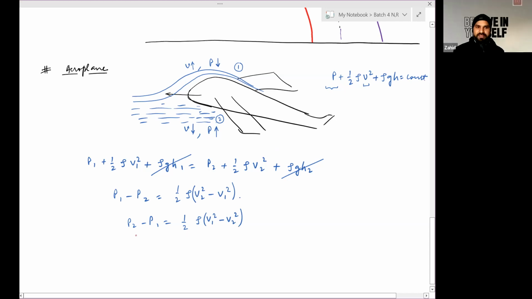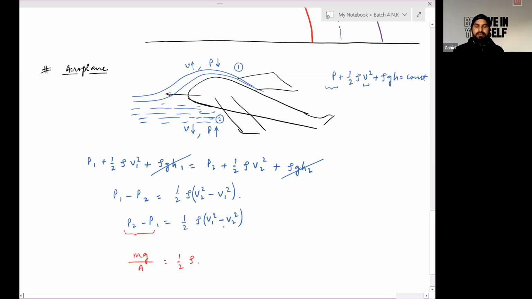Now, this pressure difference between these two ends will be capable of uplifting the entire mass of the plane and passengers. So pressure equals force divided by area of cross section, and force will be due to the mass of the entire system. So it will be mg divided by area of cross section, equals half rho (v1 square minus v2 square).